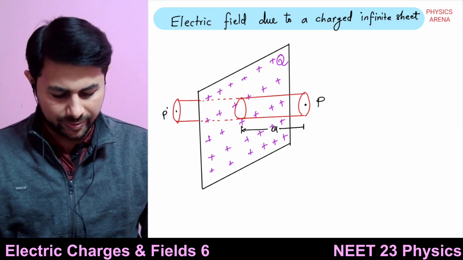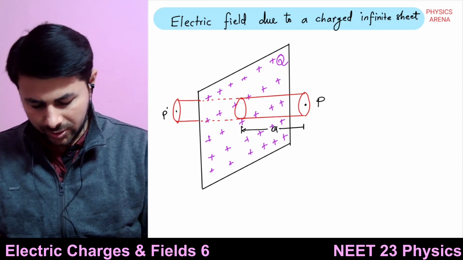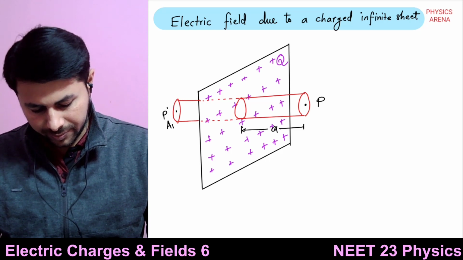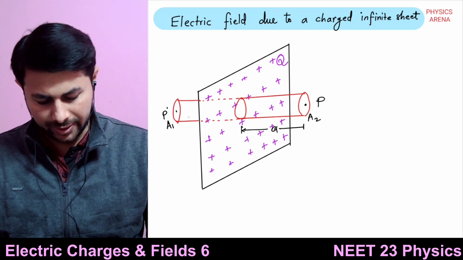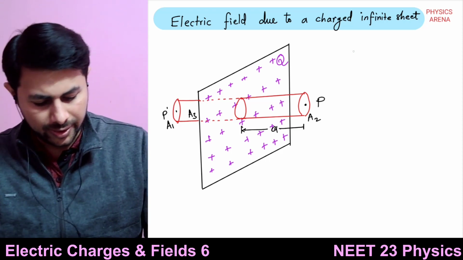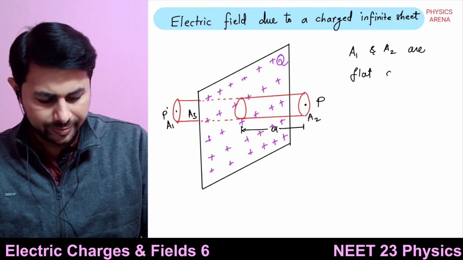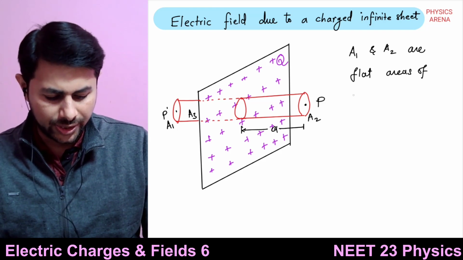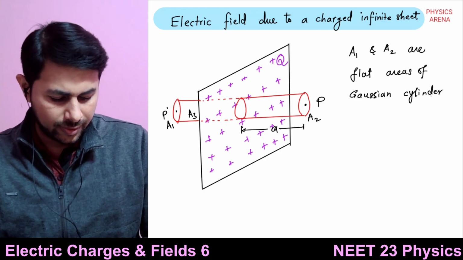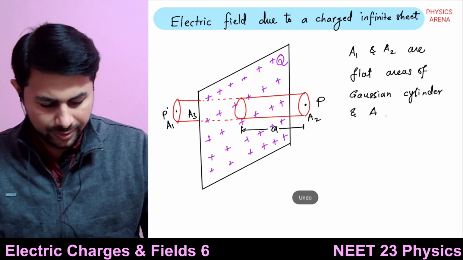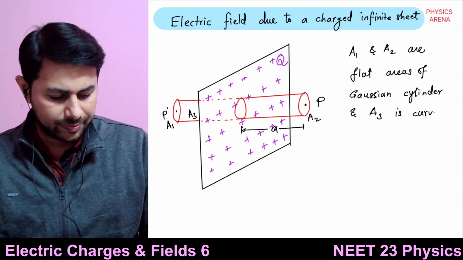So if you consider the flux through this Gaussian cylinder, and once again if we consider three parts, this area A1, this area A2, and the curved area is suppose A3. A1 and A2 are flat areas of the Gaussian cylinder, and A3 is the curved area.